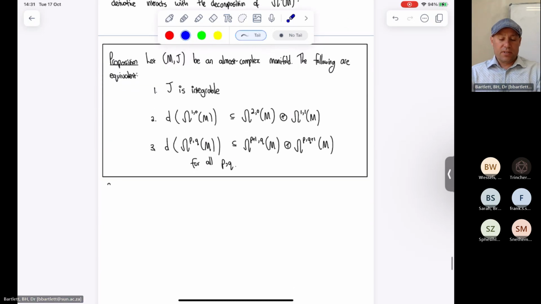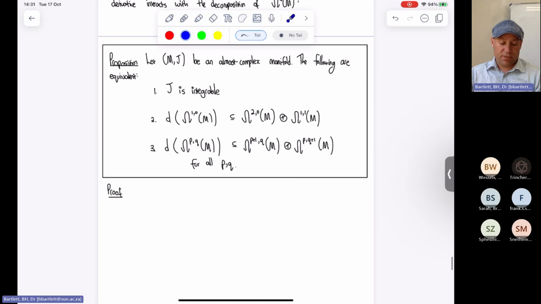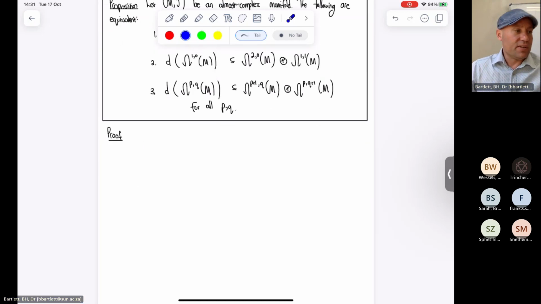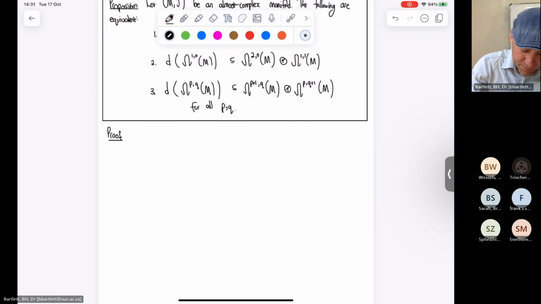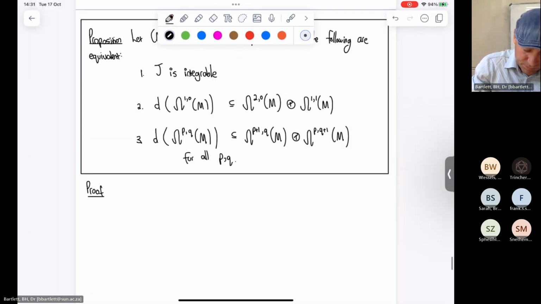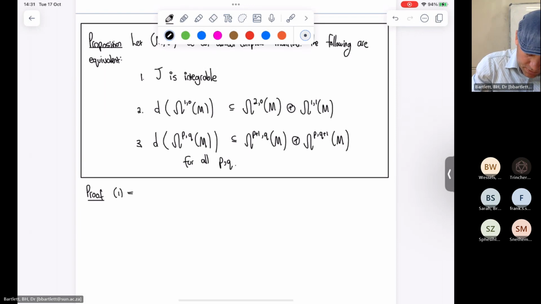Okay. So let's have a look at this. This one we can prove. Okay, let's see how we'll do this together. Okay, so let's show that 1 is equivalent to 2.